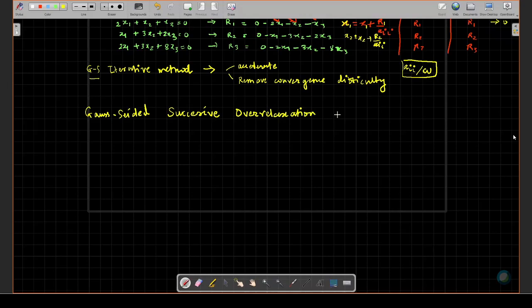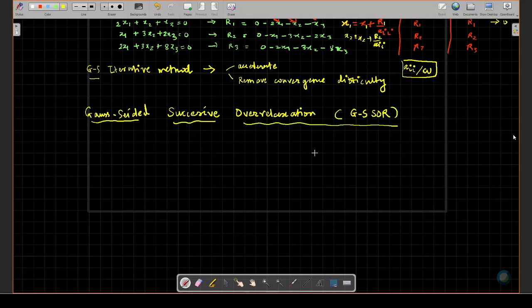Okay. So in simple terms, GS SOR. Many times people call it GS SOR. So this is the method mostly used in all the software.